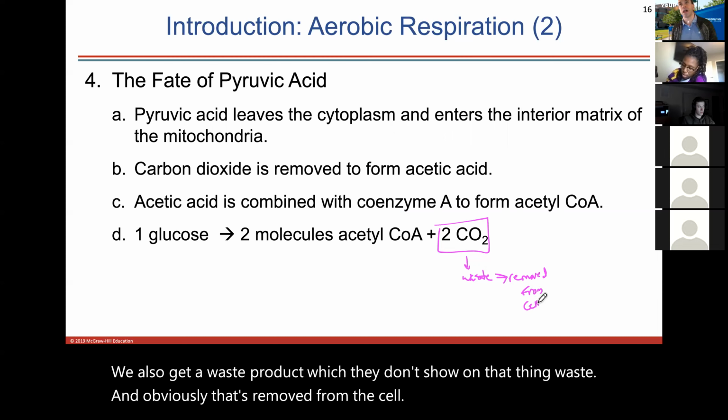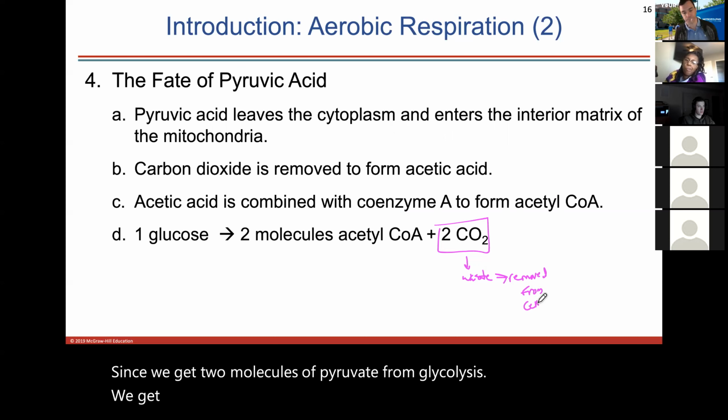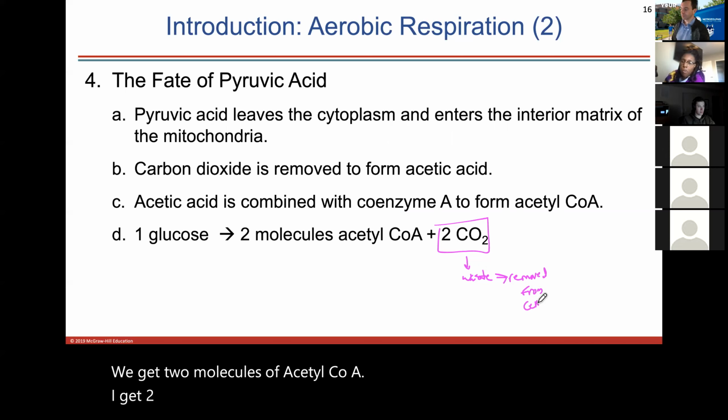Since we get 2 molecules of pyruvate from glycolysis, we get 2 molecules of acetyl-CoA. I get 2 NADHs. I get 2 CO2s. Carbon dioxide.